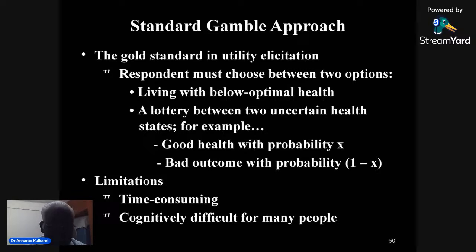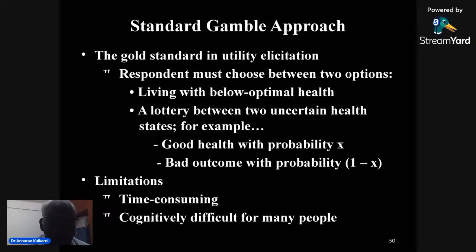In this setup, the respondent is asked something like this. Imagine you have a body mass index above 35 with no other adverse events right now. Now, suppose there is a surgery available to you that would reduce your body mass index to a perfect level, thus giving you perfect health. However, there is a probability of death associated with the surgery.